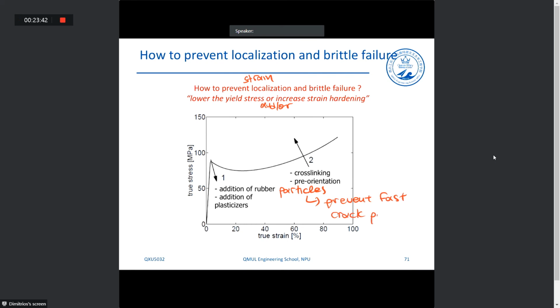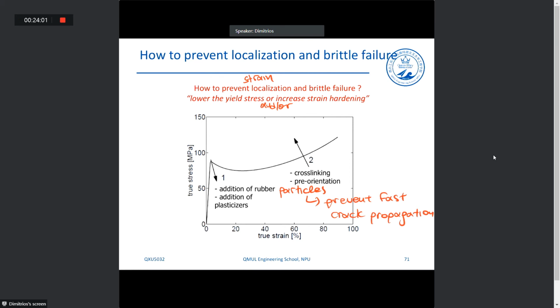Okay, while we also discussed extensively the addition of plasticizers, which make our polymer softer and also reduce the modulus. Okay, so we can prevent localization and brittle fracture.